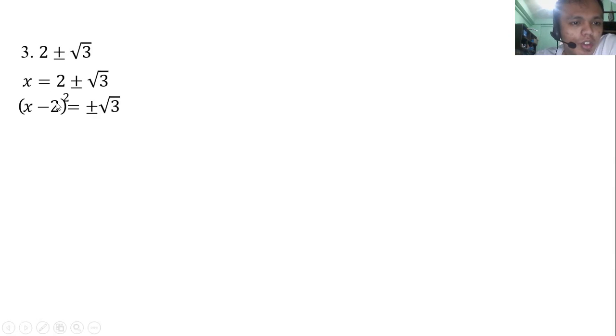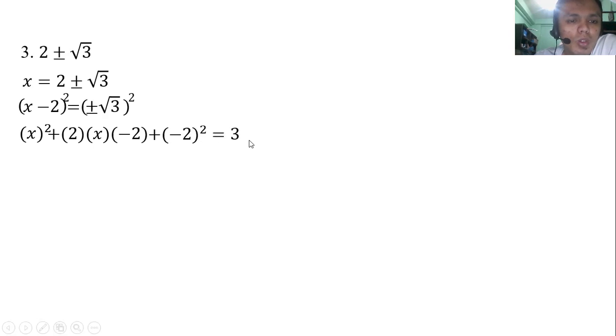Before we separate them, let's square both sides first to remove the radical sign. So x minus 2 squared becomes x squared minus 2x times negative 2 minus 2, plus negative 2 squared equal to 3. Because the radical is gone. That is the purpose of squaring.